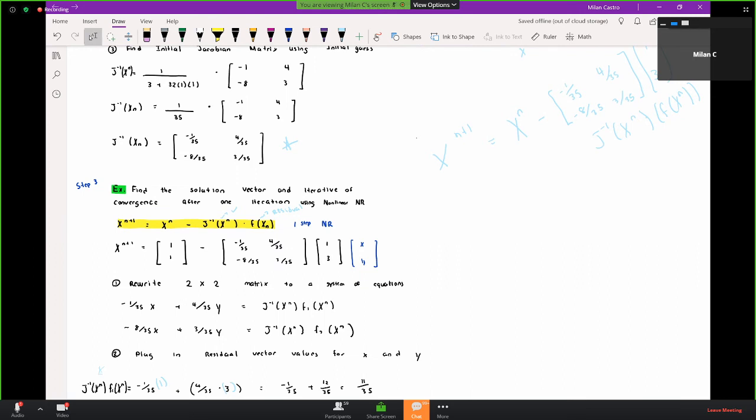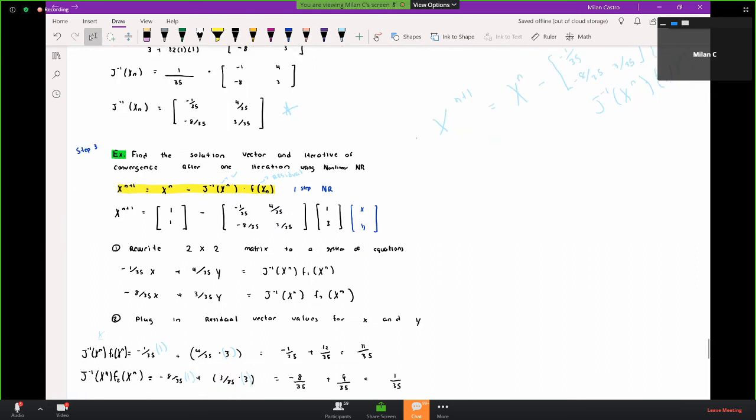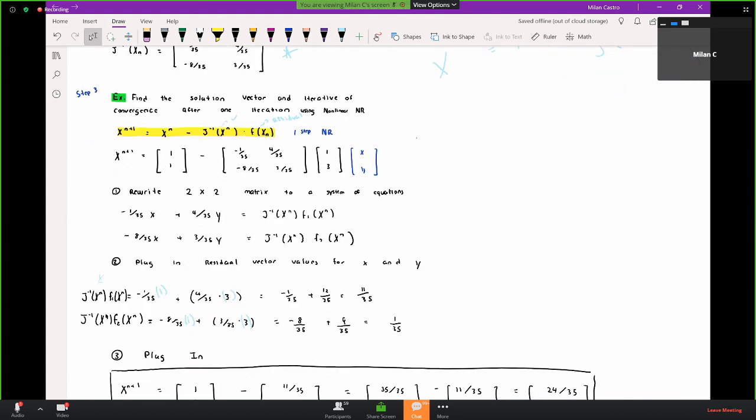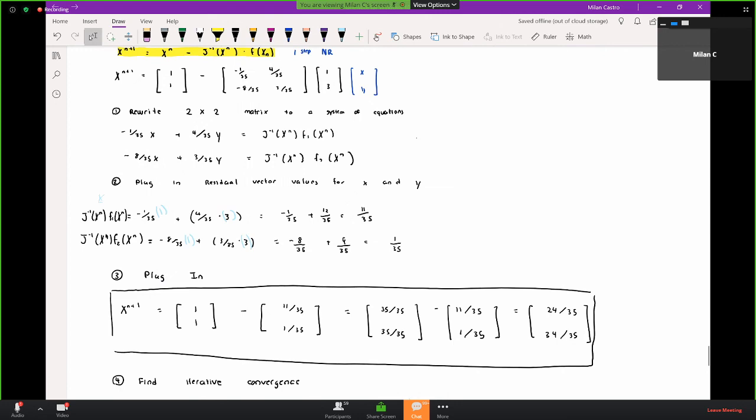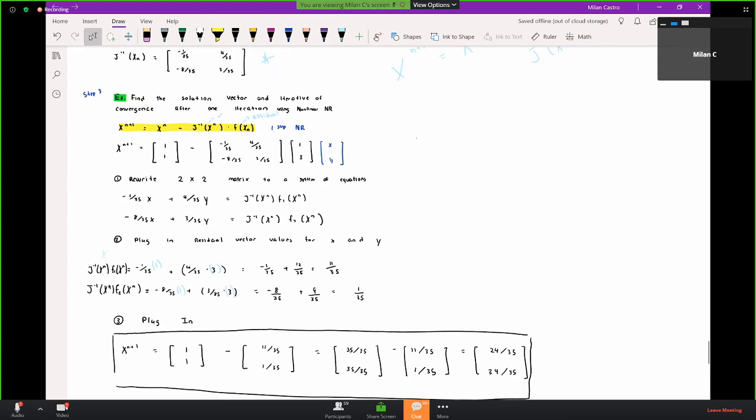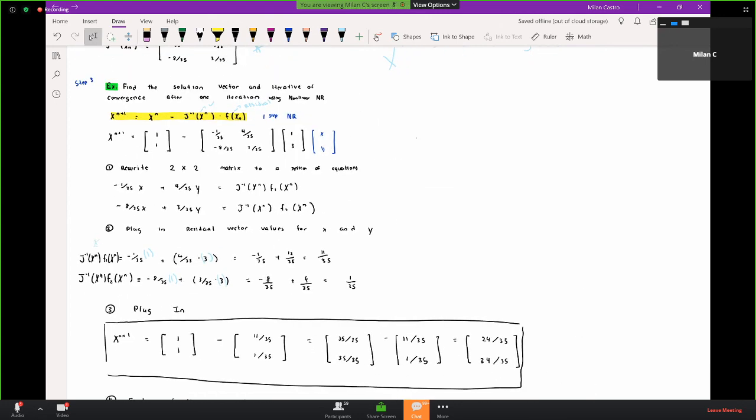When you plug in those values, you end up getting 11 over 35 and 1 over 35. Then you can do your one-step Newton-Raphson. You have your initial guess, which was 1, 1, minus 11 over 35 and 1 over 35, and you end up with the solution 24 over 35 and 34 over 35.